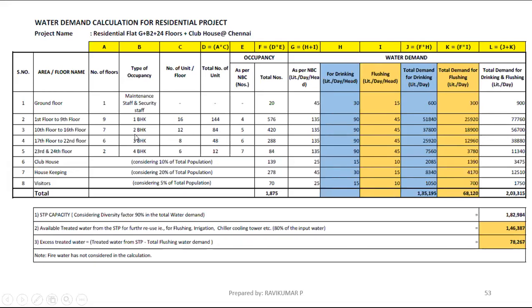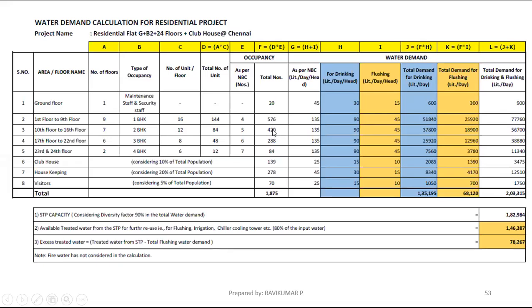For each unit, 2 BHK means you have to take 5 occupancy. 5 people are going to stay in the 2 BHK house, so you have to take 5 as per the NBC. 5 into 84, you will get the total number of people. 420 people will be there from the 10th floor to the 16th floor.